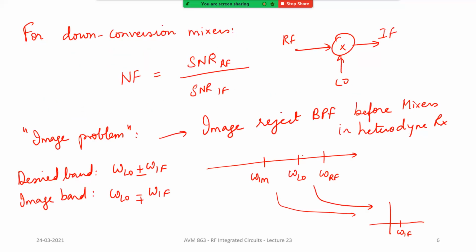When we talk about heterodyne receivers in general, how will you define noise figure? There are two definitions of noise figure. If you look at papers, there are two definitions.